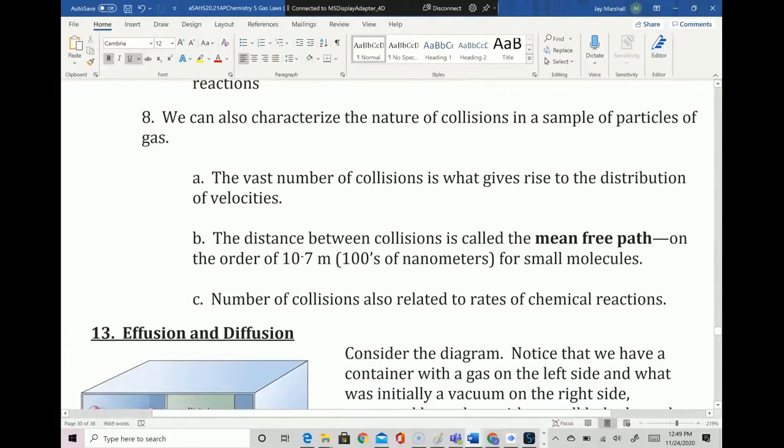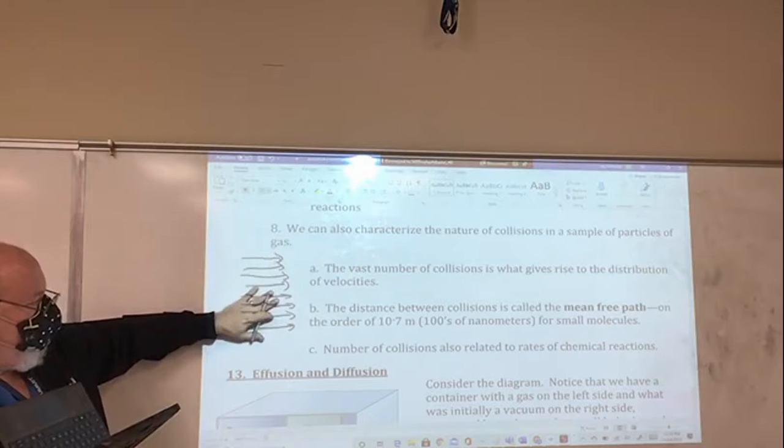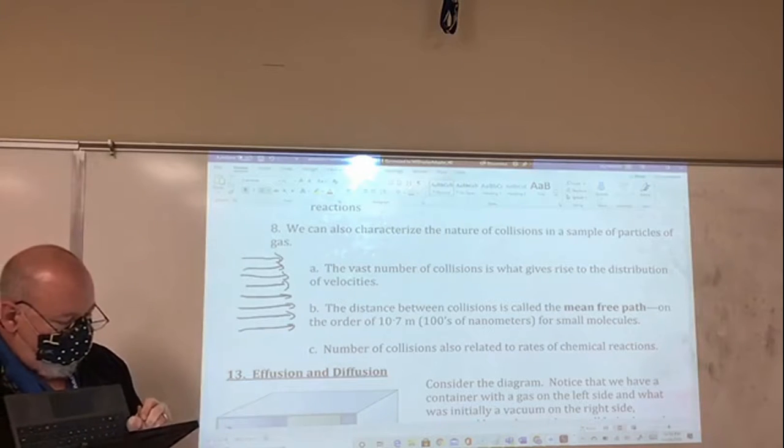We can also characterize the nature of collisions in a sample of particles. The vast number of collisions is what gives rise to the distribution of velocities, right? If all of these particles were flying in the same direction, and the average kinetic energy was the same for these particles as it was for another group of particles, but they were all flying in the same direction, there wouldn't be any reason for them to have a distribution of velocities.